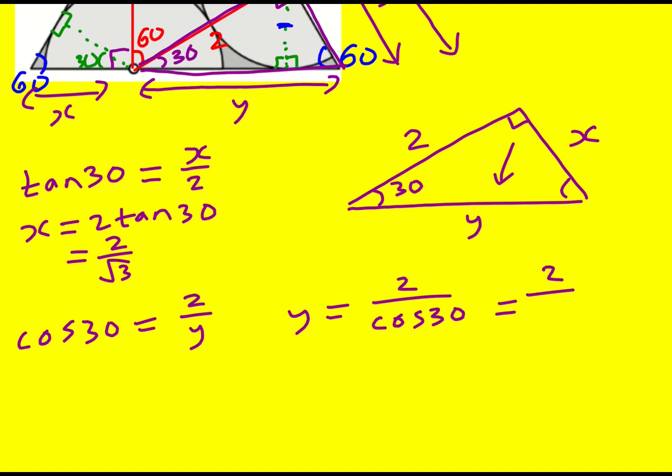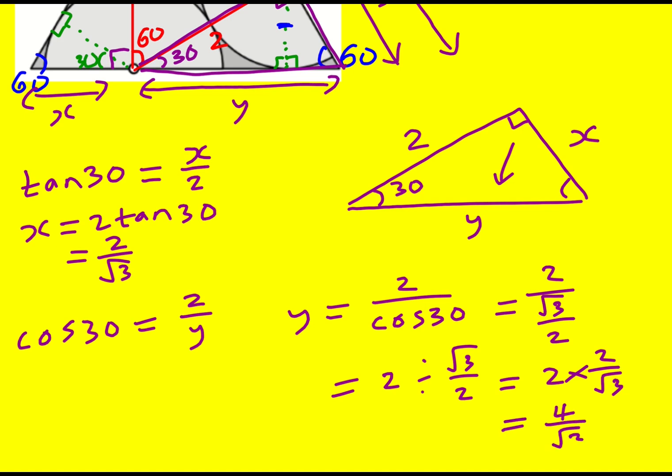And again, we need to know our exact value of trig. Cos 30 is root 3 over 2. So I'm doing 2 divided by root 3 over 2, which is the same as 2 times 2 over root 3, and I get 4 over root 3.